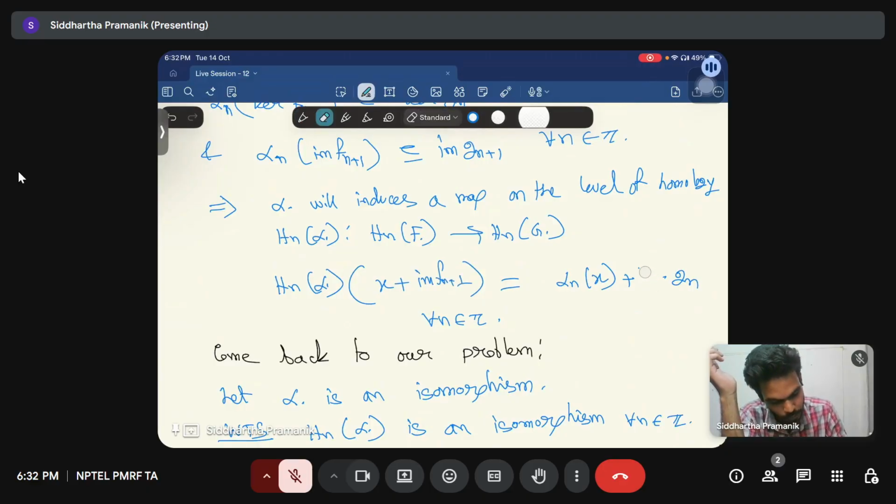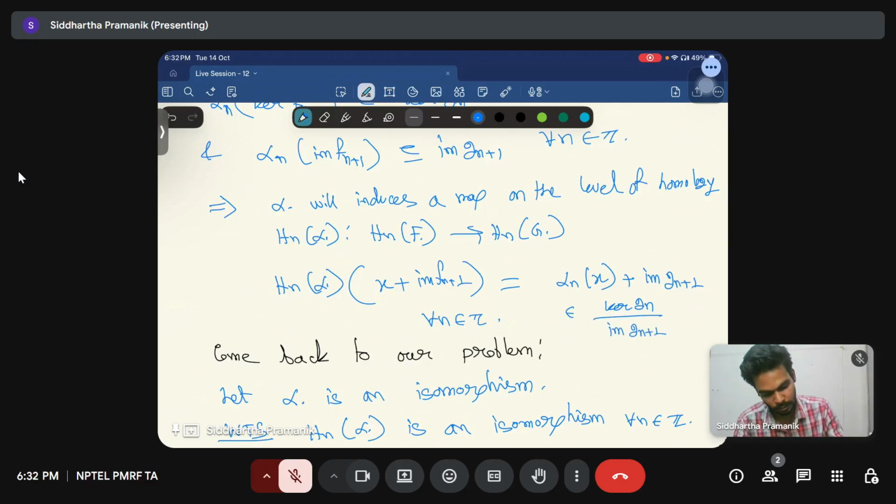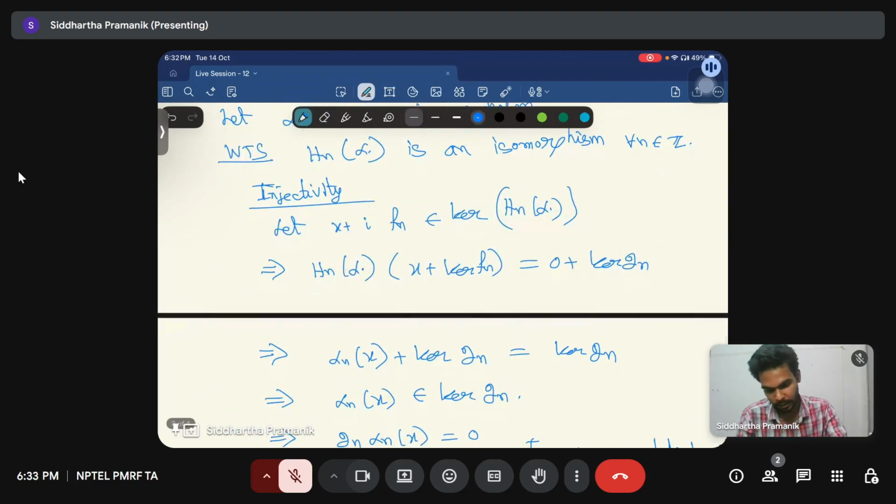This is also image g_{n+1}. So then it is an element of the kernel of g_n modulo image of g_{n+1} at the nth homology. Yeah, so I need to modify it here also.